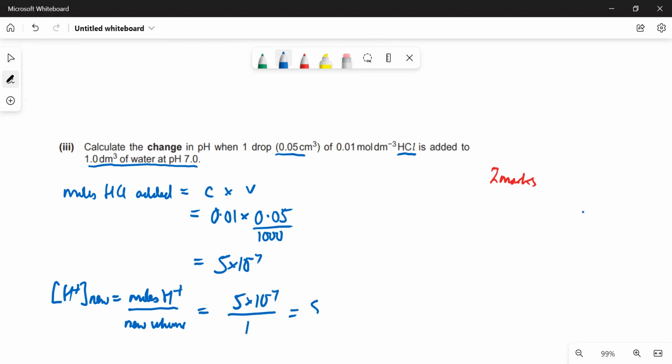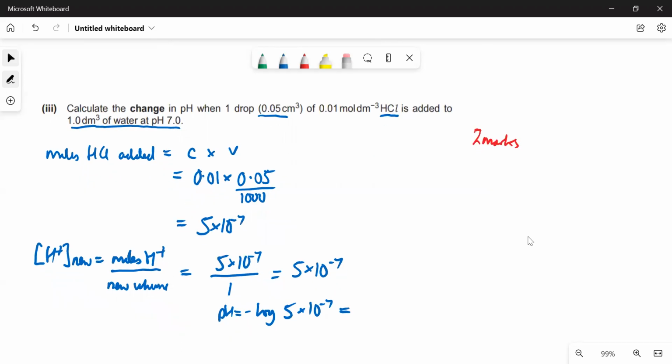So the new concentration is 5 times 10 to the minus 7. So how do we find the pH? pH is minus log of that, which is equal to 6.3. And so the pH change, they'll say, is 7 minus 6.3, which is 0.7 of a pH unit.